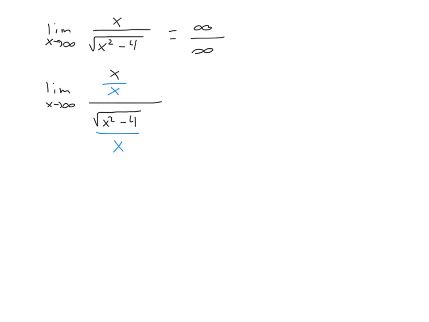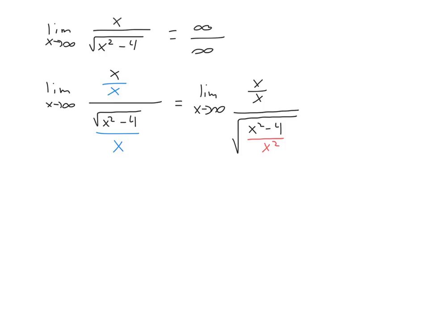So this is going to equal the limit as x goes to infinity of x over x over the square root of x squared minus 4, all over x squared. Notice how if I broke that square root up as the square root of the top over the square root of the bottom, I would get back to what I have over here.